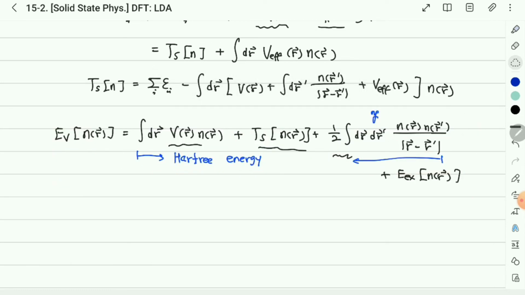Here is the calculation of the total energy.